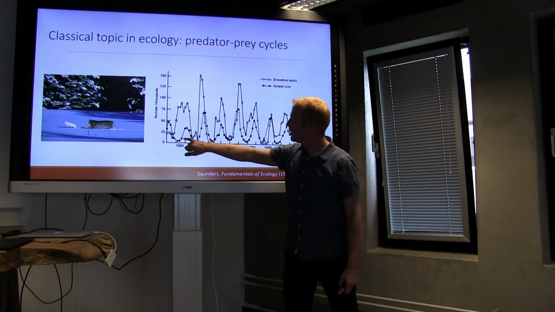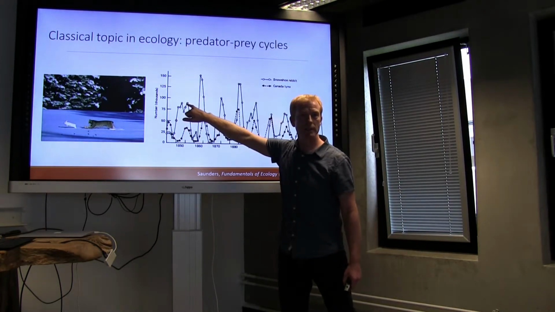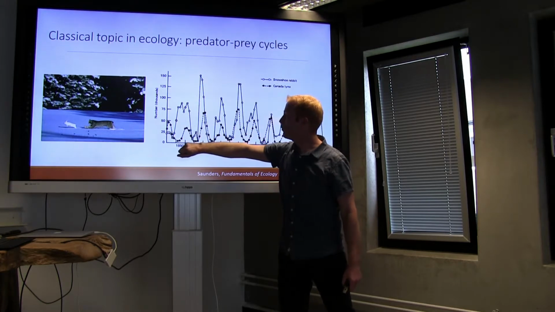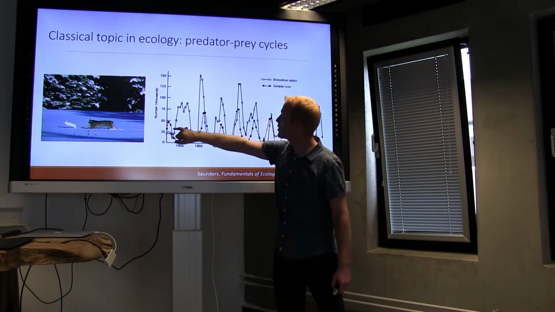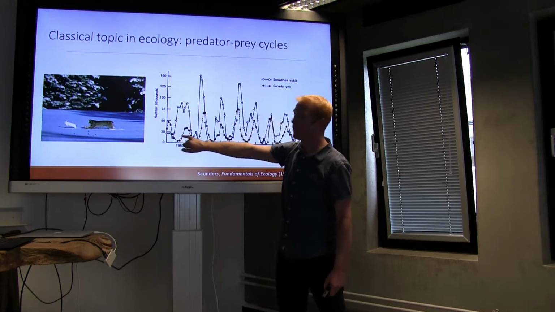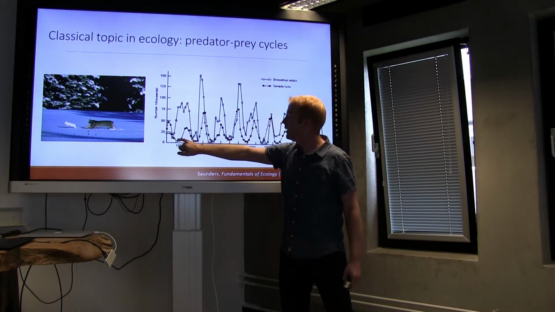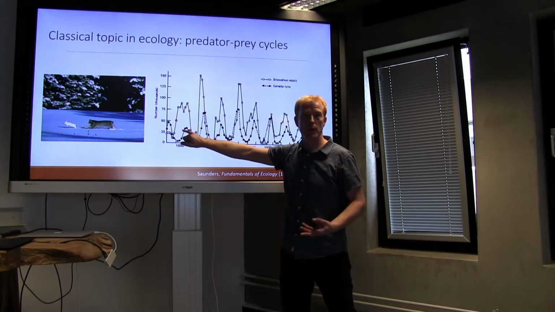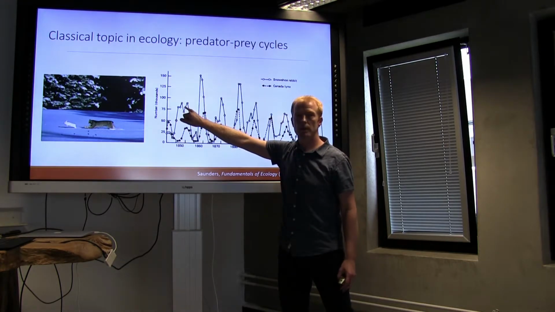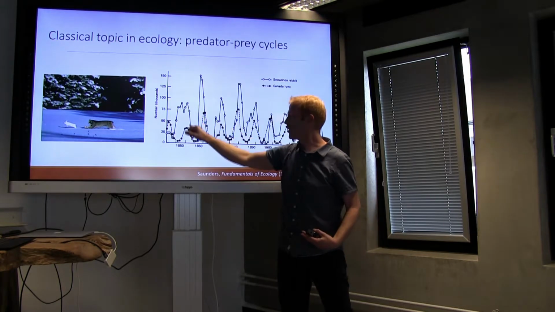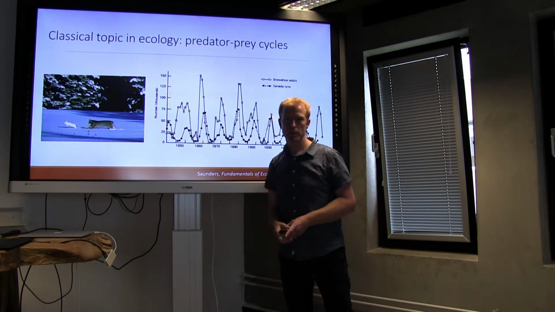And typically, the predator goes up first, and the rabbit, so in this case the prey, goes up. That allows, that's at least a naive interpretation, the predator to increase its population size because it has food, but that then leads to a destruction of this population, and it goes on like that.